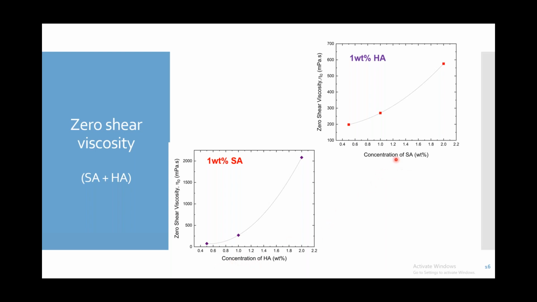The figure in the bottom left shows the zero shear viscosity as a function of hyaluronic acid concentration, where the concentration of sodium alginate was kept constant at 1 weight%. And the figure in the top right shows the zero shear viscosity as a function of sodium alginate concentration, where the concentration of hyaluronic acid was kept constant at 1 weight%.